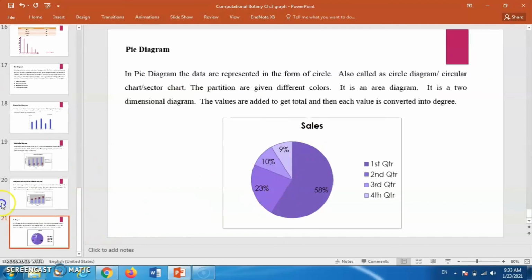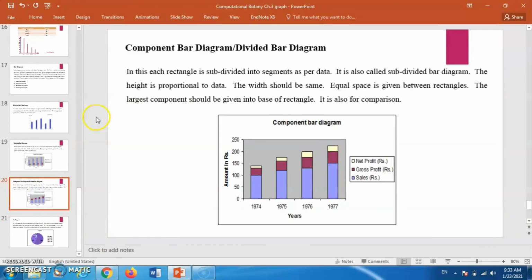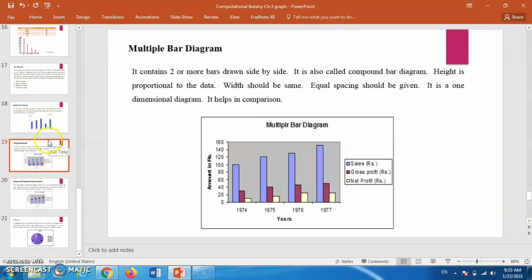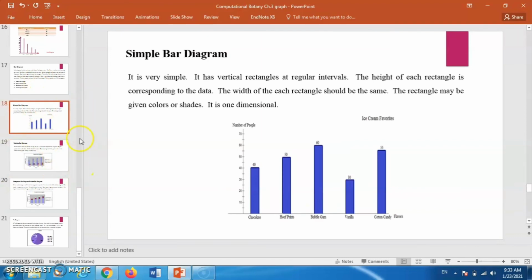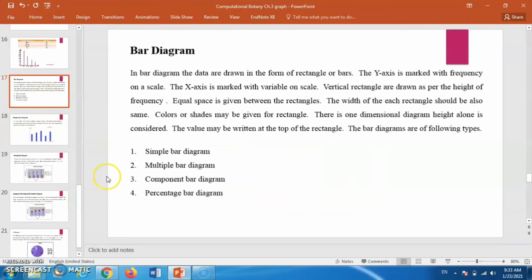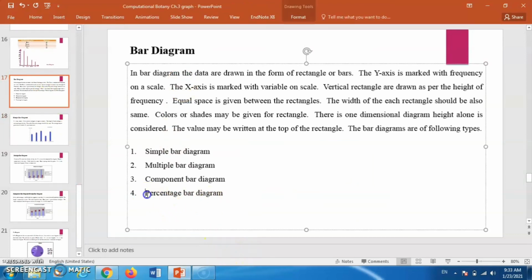So this is the example of a pie chart. Okay, so let me clear here. We have not seen the percentage bar diagram. I just put the example, but it is not in the syllabus. So we have only seen the simple bar diagram, multiple bar diagram, and component bar diagram.